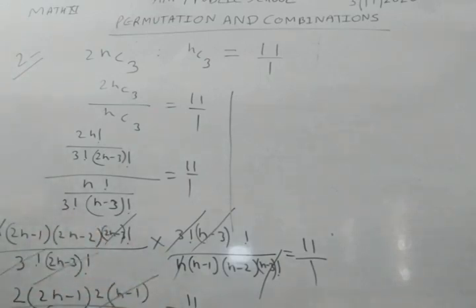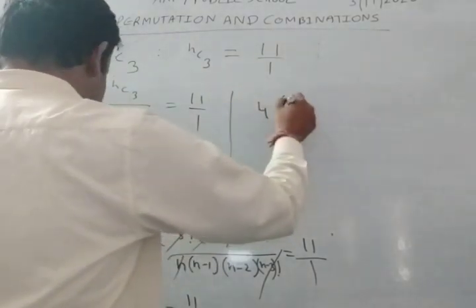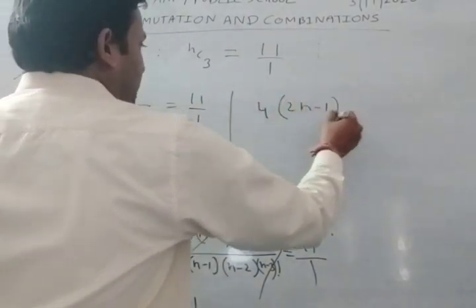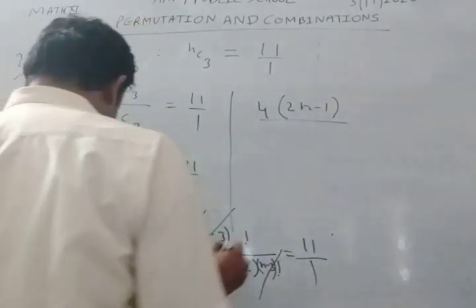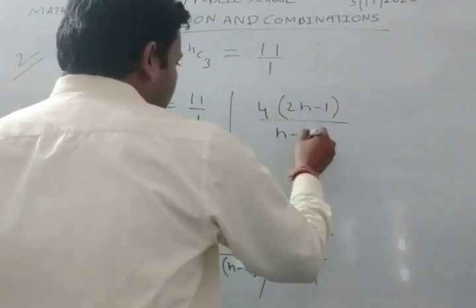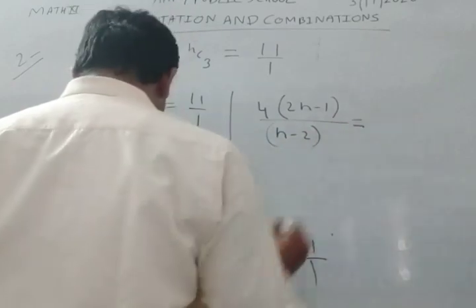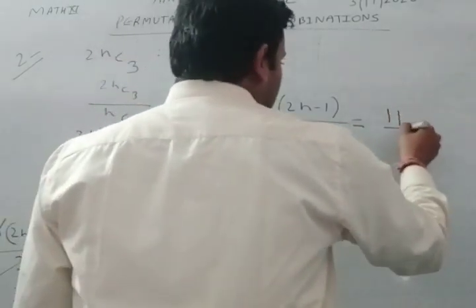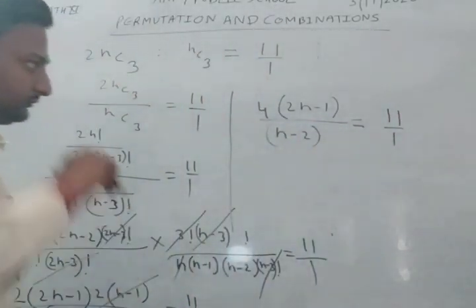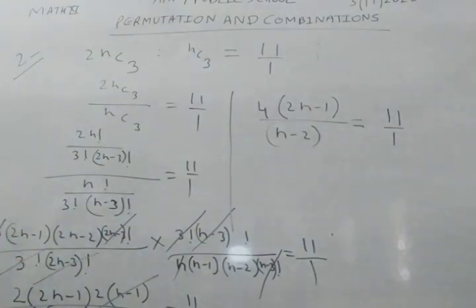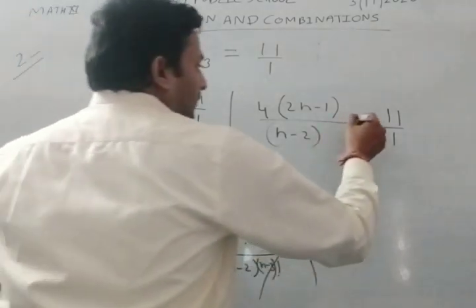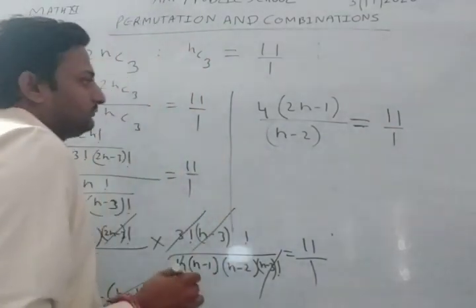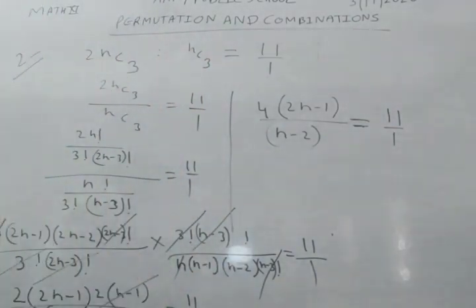Now what will we write? We write 4 into 2n minus 1 divided by n minus 2 is equal to 11 by 1.